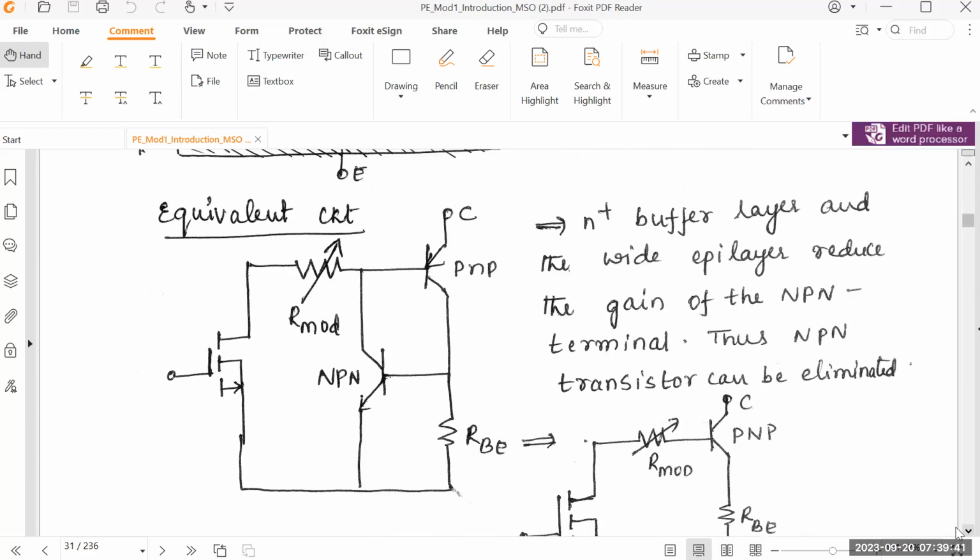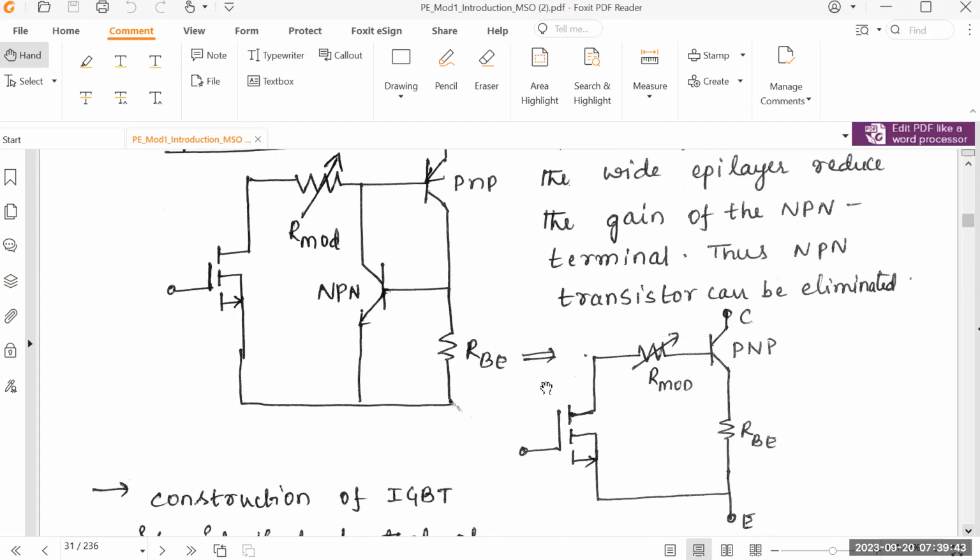Once it is eliminated, the equivalent circuit is redrawn like this. You will not have this NPN terminal. Only the MOS structure, the modulating resistor, the PNP, and its R_BE, the resistance between the base and emitter, are present.